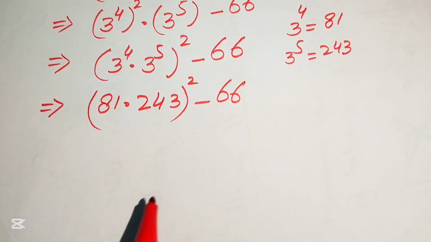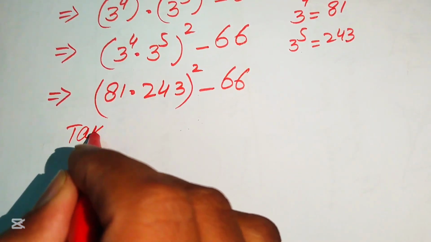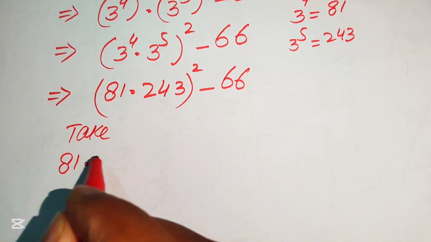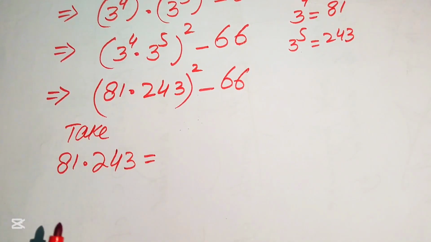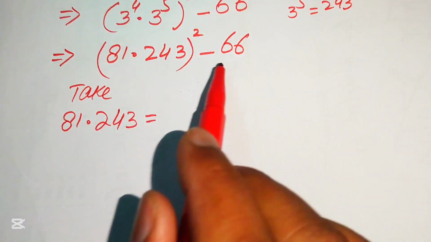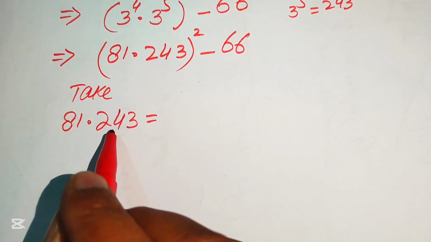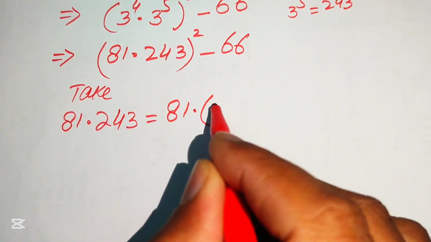Further, we need to focus inside the bracket, so we take 81 multiplied by 243. First we need to multiply these two values, and after that we move towards solving this problem. So we rewrite this as 81 multiplied by 243.